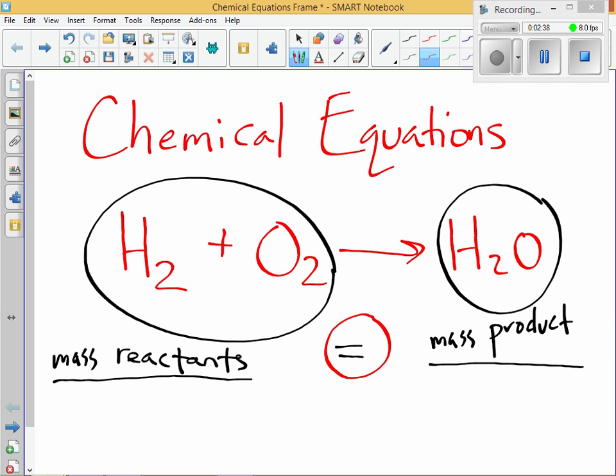So what that equal sign means is, when we're writing a chemical equation, have you ever heard this sign? It's called yields or produces. These reactants, when they react together, produce this product. Hydrogen and oxygen react to produce water. I can write those words.